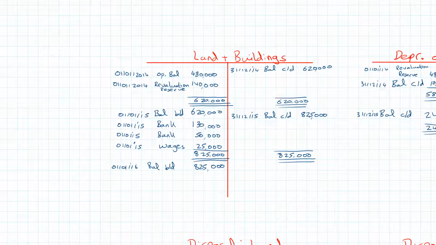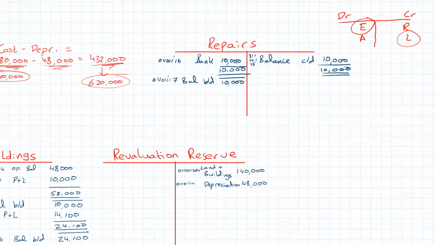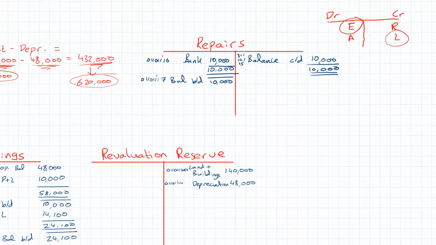So the 1st of the 1st, 17. And this is the very end of the year, 31st of the 12th, 15. Perfect. So we're now done with the repairs. We don't really have to worry about that anymore.